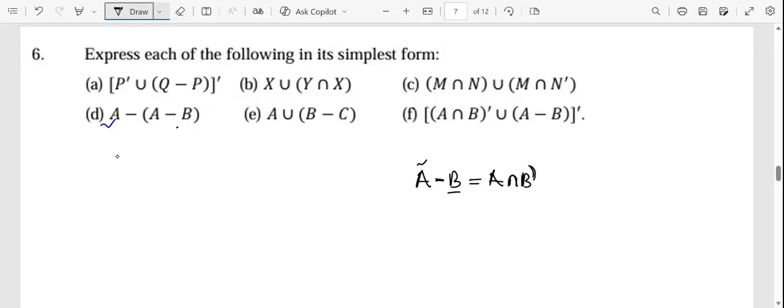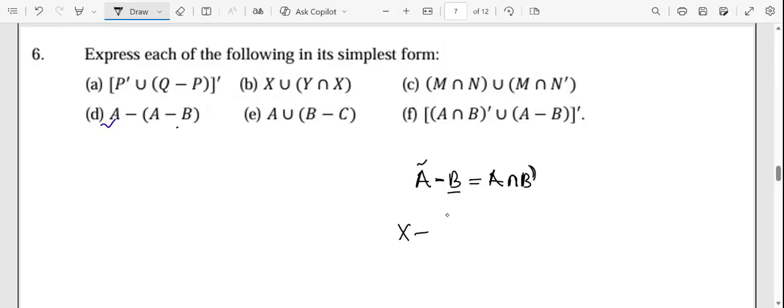Okay, what I'm trying to say is, if you have X minus, okay? Let's say I have A plus B inside. This can be written as X intersection, this what I have, A plus B, then complement. Is that okay? So this is what I'll do.